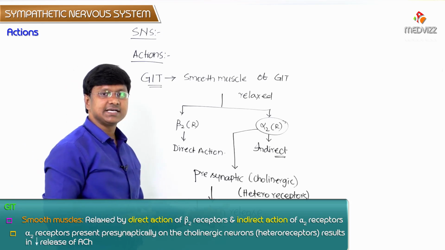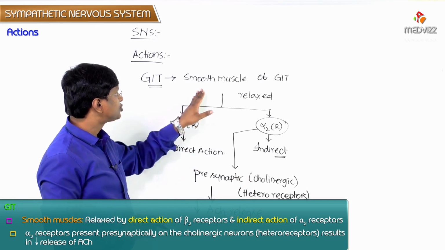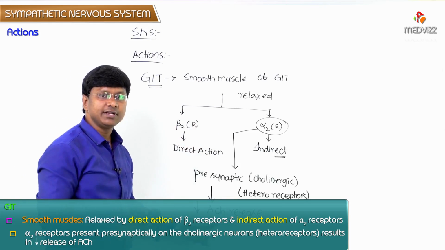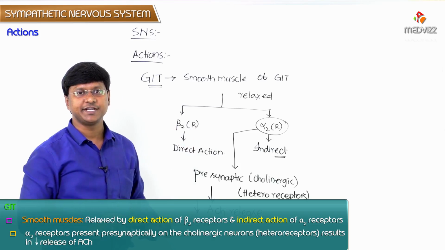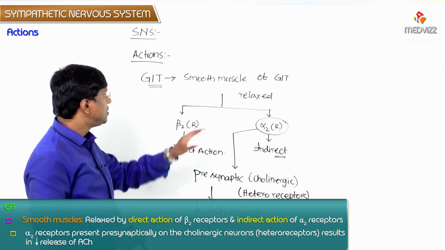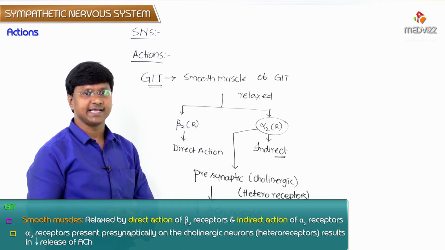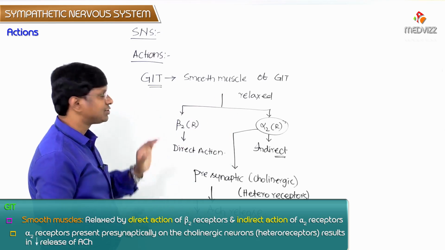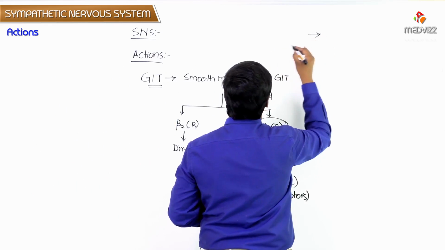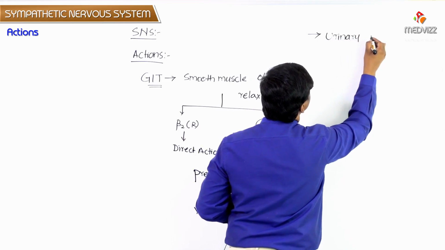So once the acetylcholine release is decreased, what will happen? The smooth muscle contraction will be inhibited. It is the acetylcholine which causes the smooth muscle contraction of the GIT. When the acetylcholine release is decreased, the smooth muscle will not get contracted, it will get relaxed. So that is about the action on the GIT. Next, let me discuss the action of the sympathetic nervous system on the urinary system.